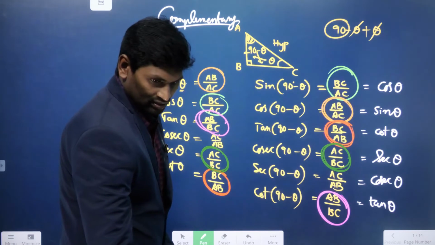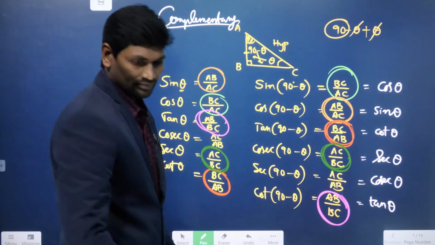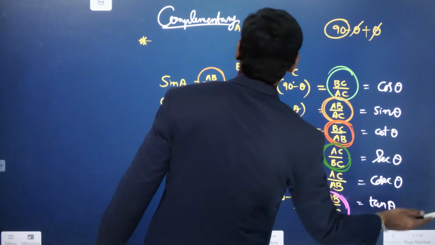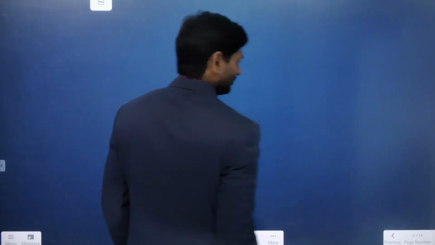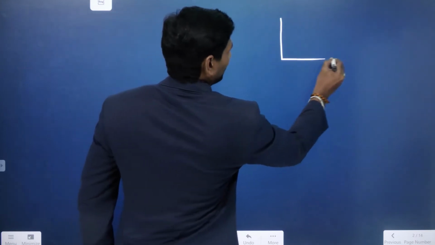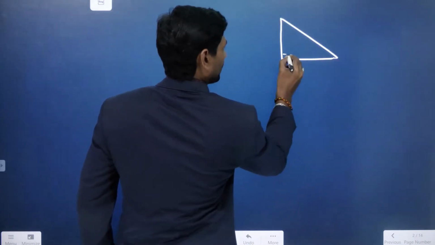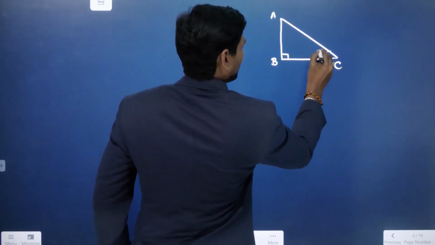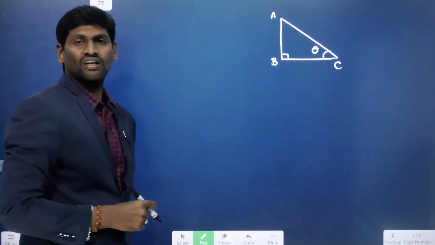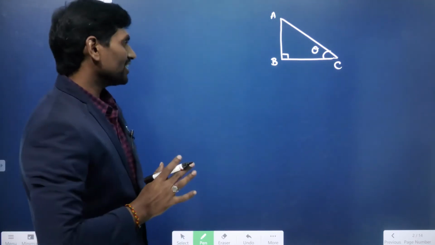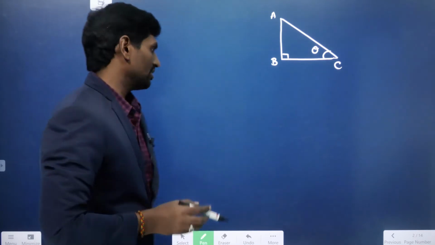Now let us see the trigonometric identities. Let us take one right angle triangle whose right angle is at B. So ABC, and I am taking theta as the angle at C. Let us prove the trigonometric identities.